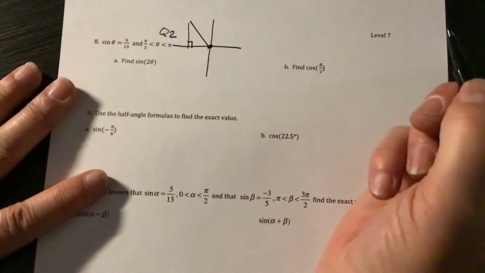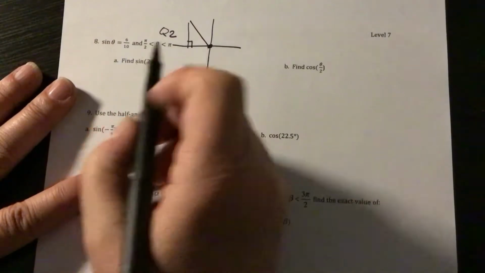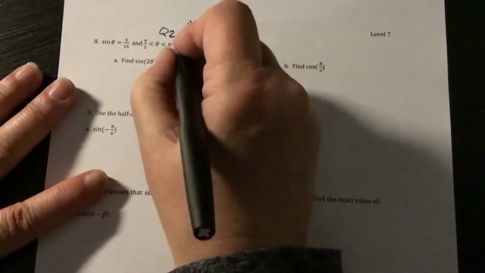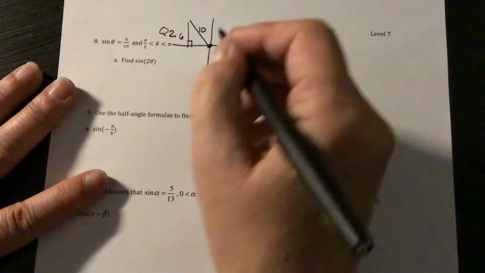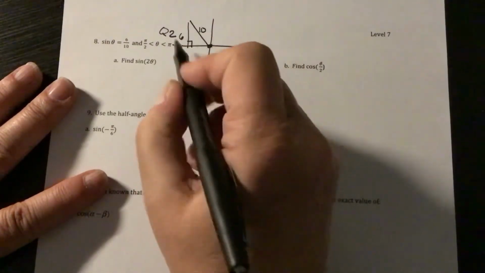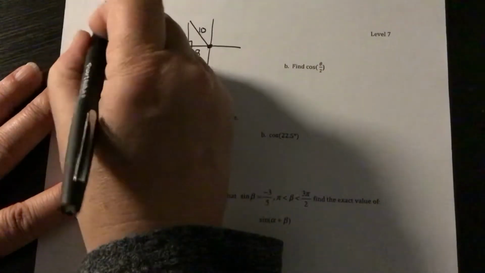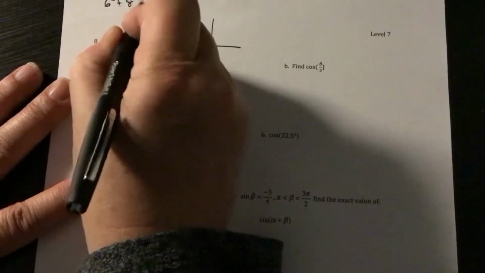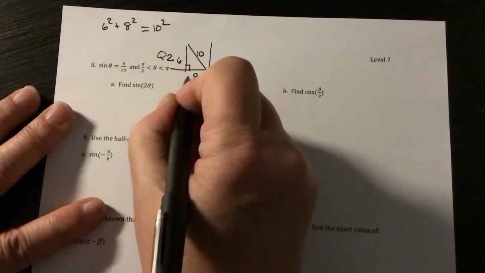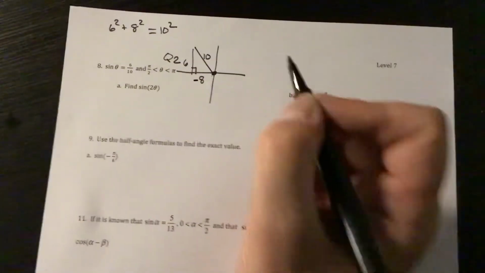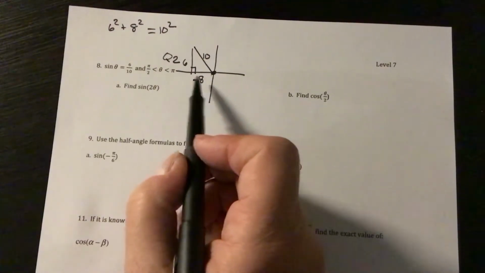Here's my right angle. Now my sine is 6 over 10, so the opposite side is 6 over the hypotenuse, which is 10. And this is one of those Pythagorean triples. This side is going to be 8 because 6 squared plus 8 squared equals 10 squared. And this is going to be negative 8 because of the negative direction.